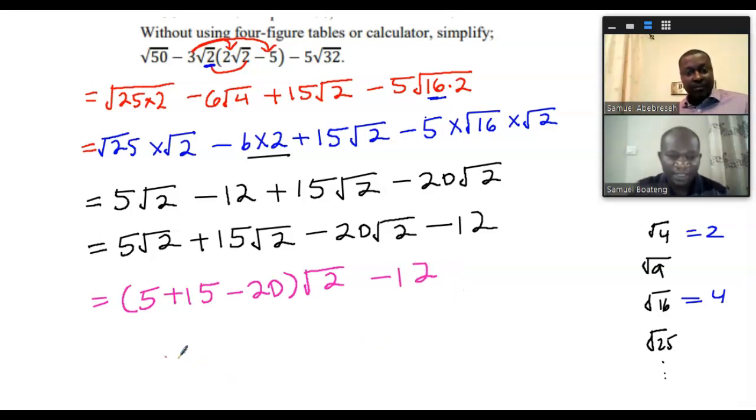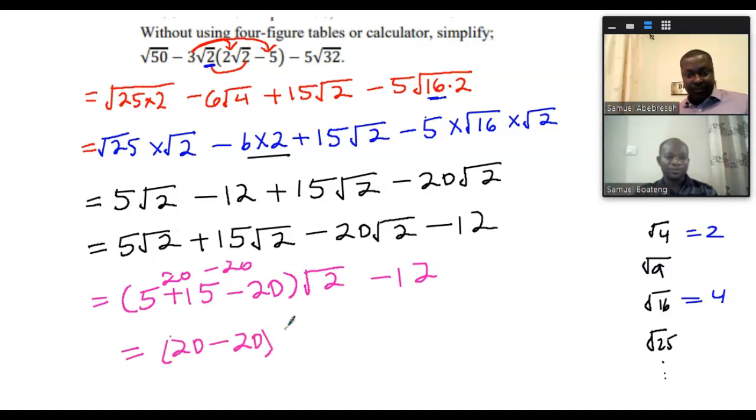So in the last, this is indirect factorization because root 2 is common. That's why the root 2 is outside the bracket. So 5 plus 15 is 20. 20 minus 20, you have the next step. You get root 2 times the bracket, minus 12.